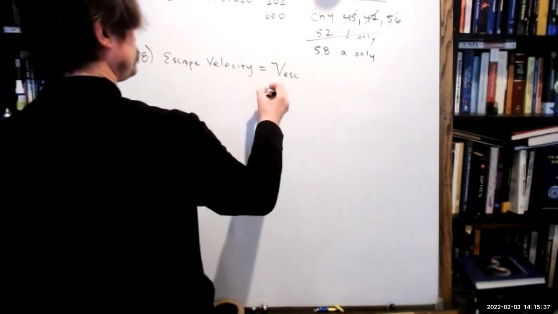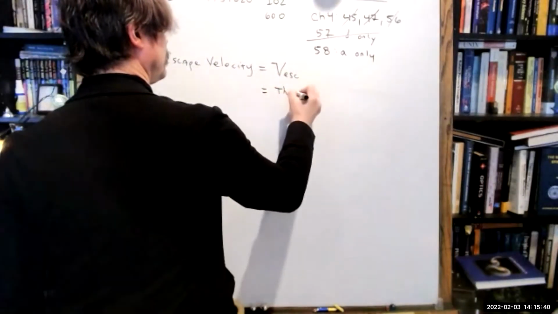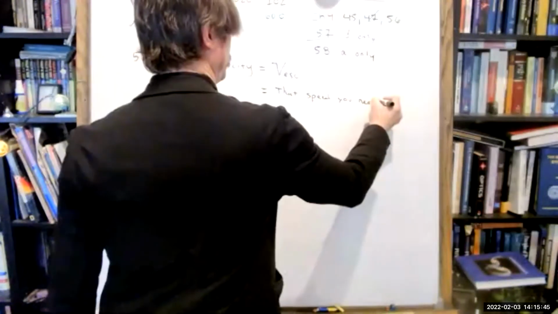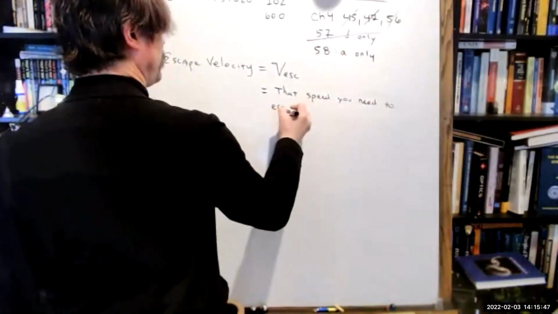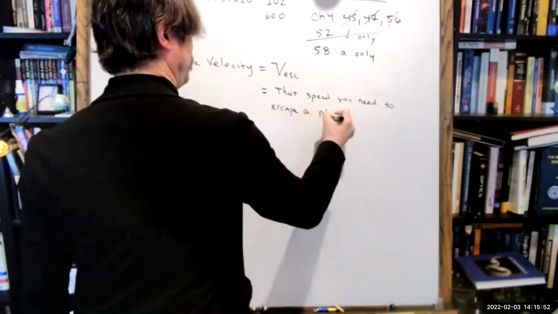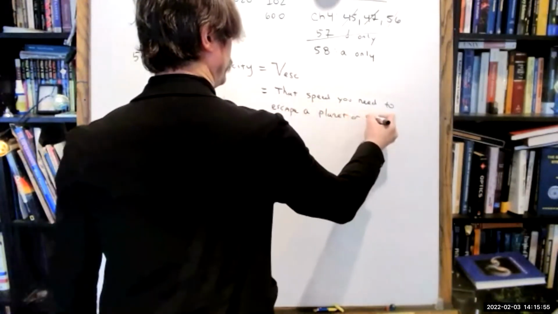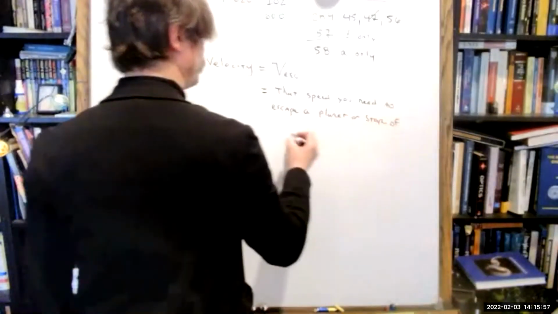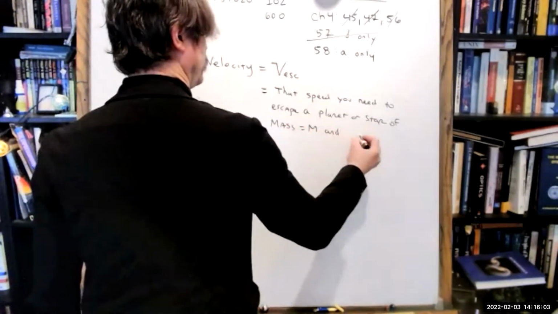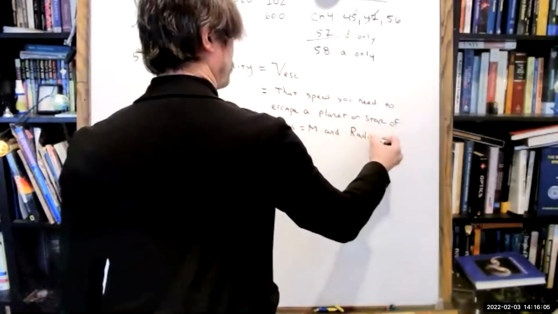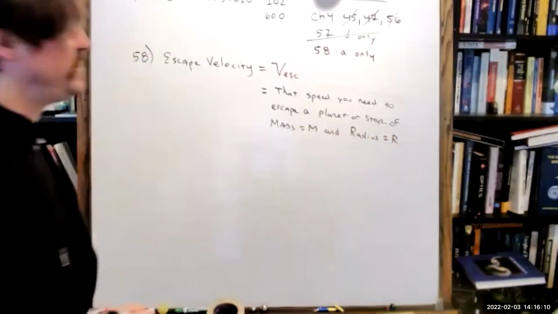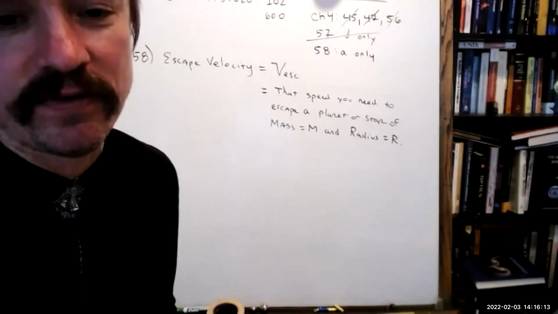The escape velocity is that speed you need to escape a planet or star of mass m and radius r. That speed you need to escape a planet or star.